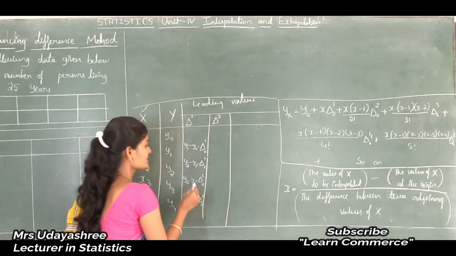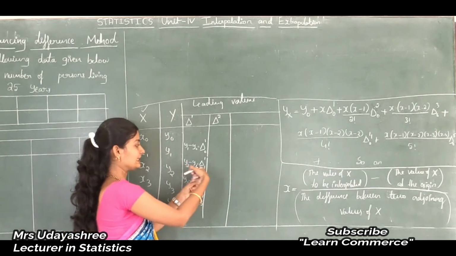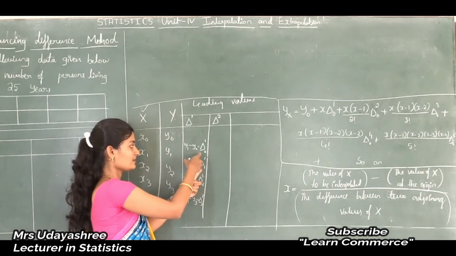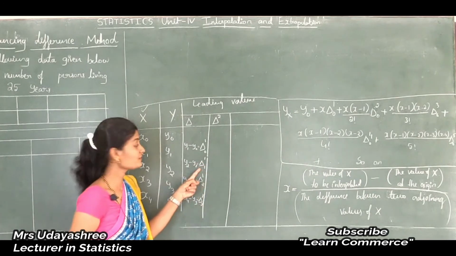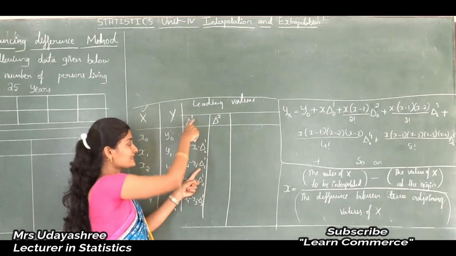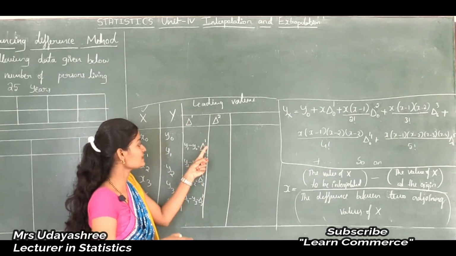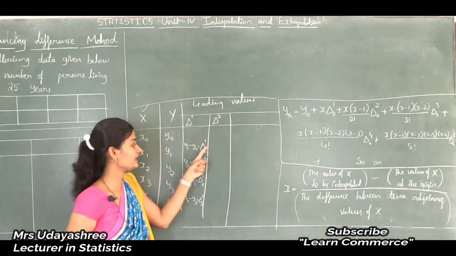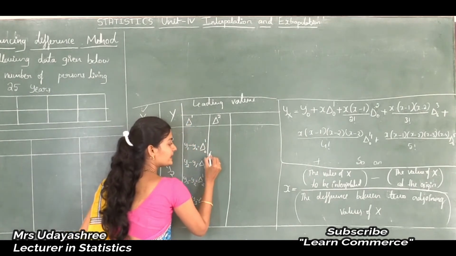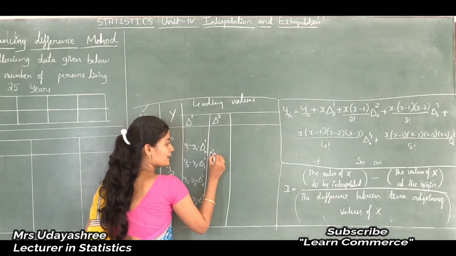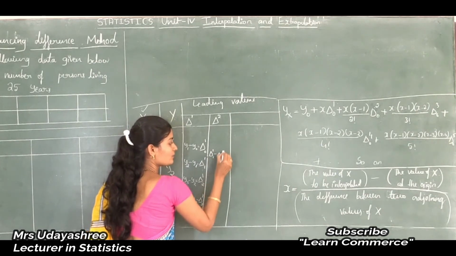So that is the same thing. The second value of the first leading difference minus the first value of the first leading difference, that is delta 1 1 minus delta naught 1.